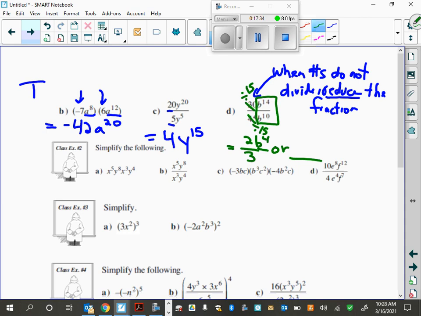No, this is just subtract exponents of b. If this was in brackets, it'd be all to the 4th, but then the bases would have to be exactly the same. Good question. Daryl? What's that?